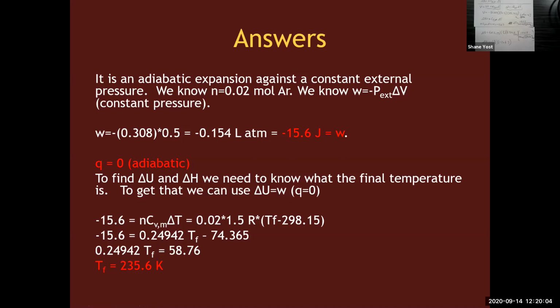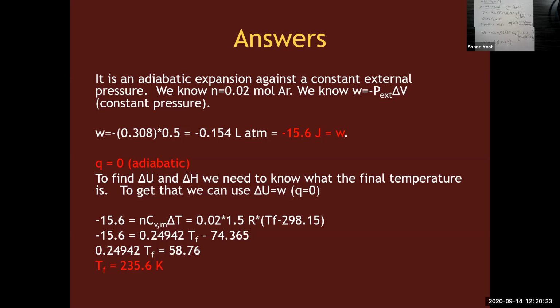The most work you can get out of something is if you do that change in state reversibly. So reversible isothermal expansion produces more work, and for the reversible adiabatic expansion, you get more work than an irreversible adiabatic expansion, which means the temperature change is less for the irreversible case than for the reversible case.